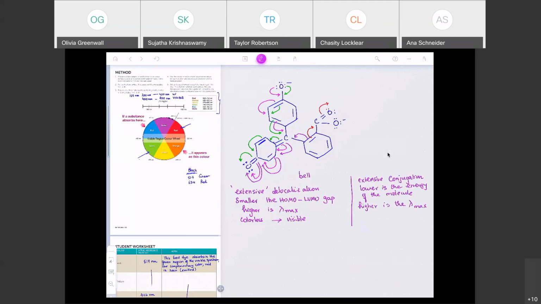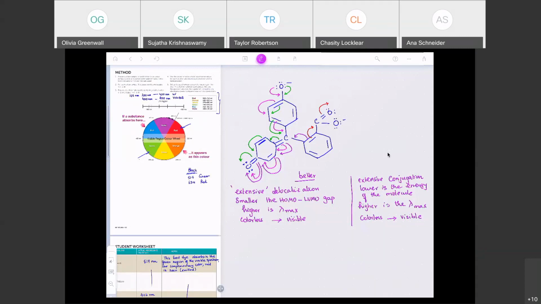This always is a better explanation because you're going deep into the electronic level and you're explaining it. Now it moves from the colorless to the visible region, and so you can see the color. Either way, you're talking about conjugation. You see that? And you're comparing the conjugation to the energy. In the right side explanation, you're just saying the energy of the entire molecule drops.